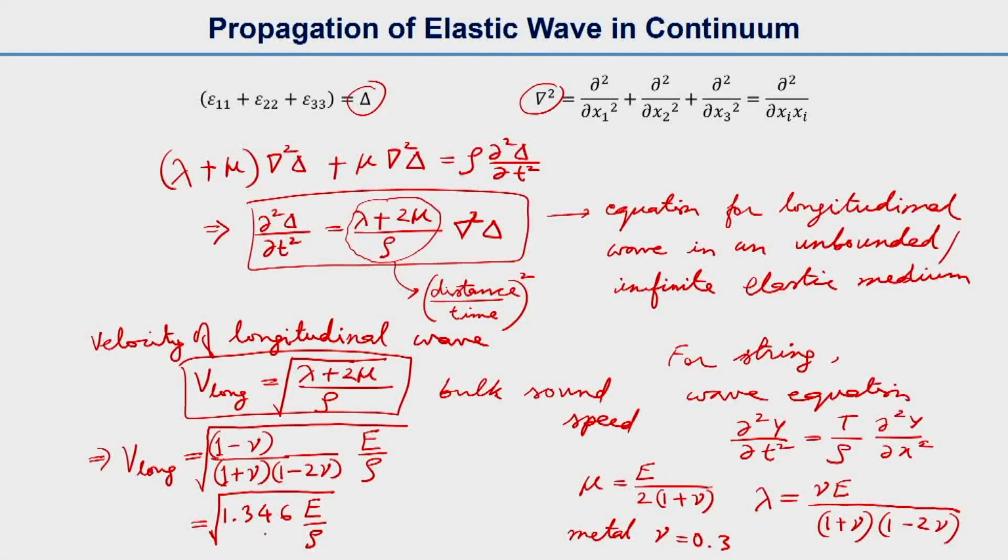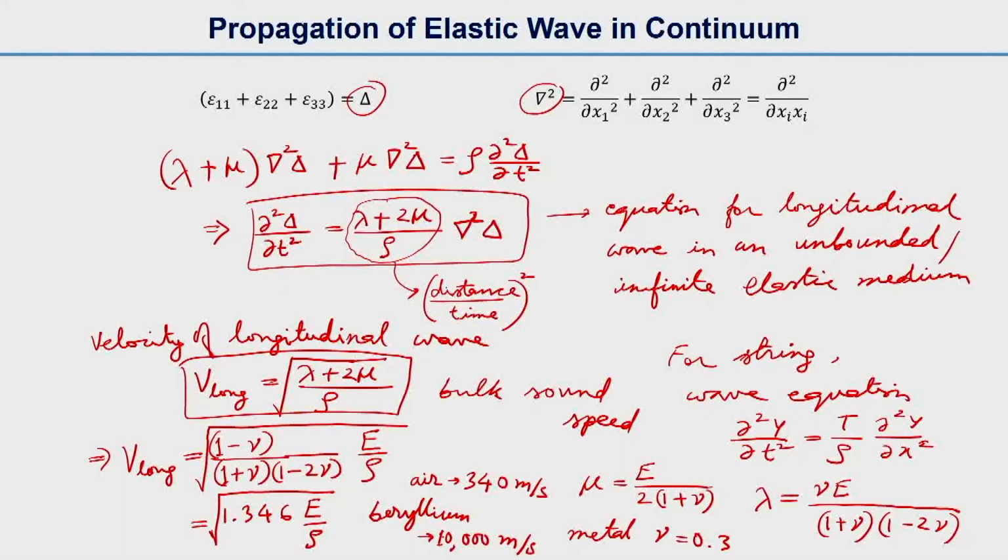So, that means the longitudinal wave velocity depends on the Young's modulus and the density. And if you see for different materials, for air it is 340 meter per second, and if you check for some material like beryllium, which has low density but high modulus of elasticity, that wave velocity will be very high, 10,000 meter per second.